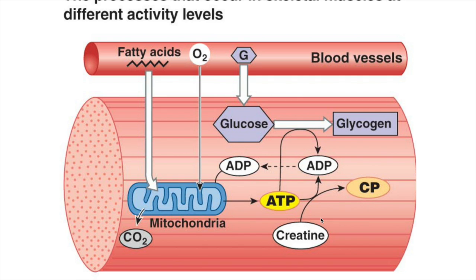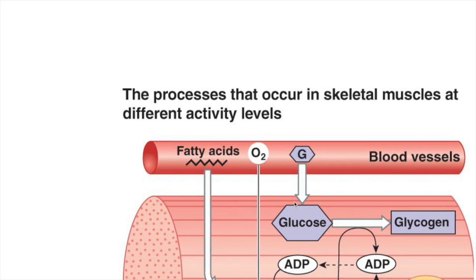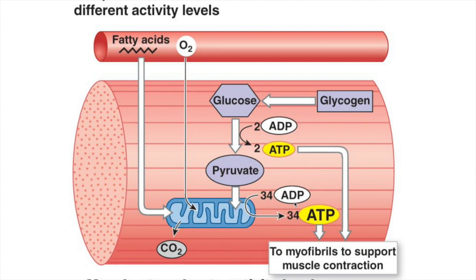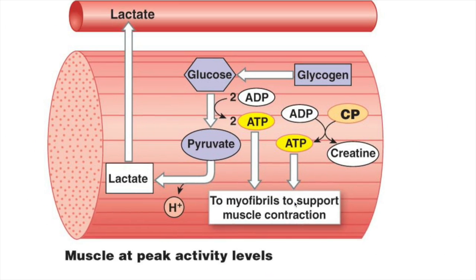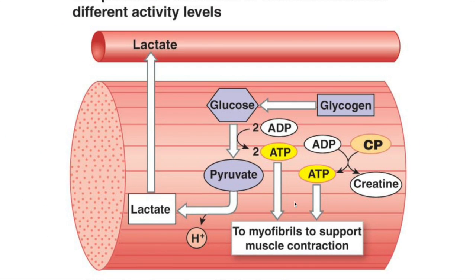And a muscle cell at rest can build up reserves of ATP. At moderate activity levels, a muscle cell gets energy from aerobic respiration. And then at peak activity levels, the muscle cell gets energy from aerobic respiration and from lactic acid fermentation.